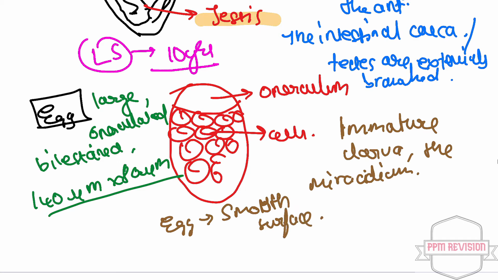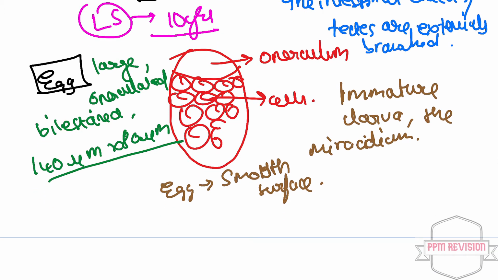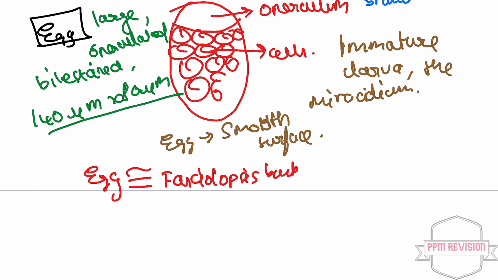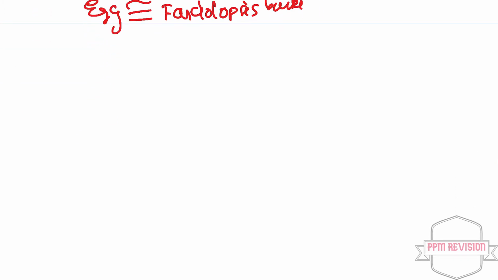Another point to note is that the egg cannot be differentiated. The egg is almost similar to that of the Fasciolopsis buski. Some important aspects to know is the life cycle.